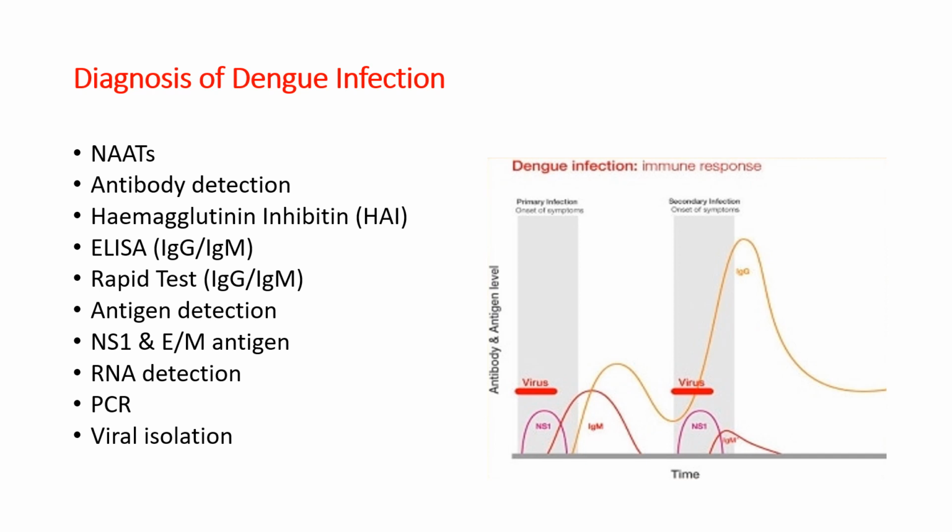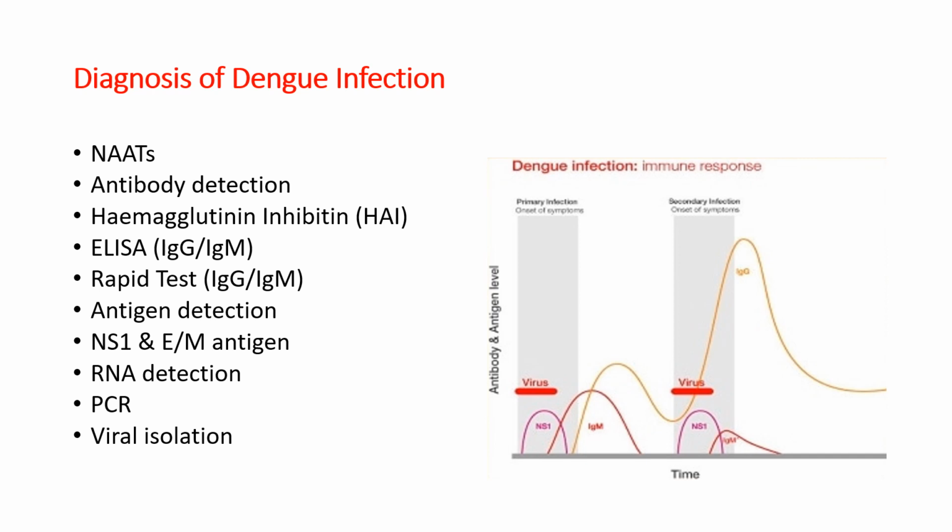And interestingly, NS1 tests can be as sensitive as the molecular test during the first 7 days of symptoms. And the EM antigen is also a good test, which is the envelope membrane antigen.